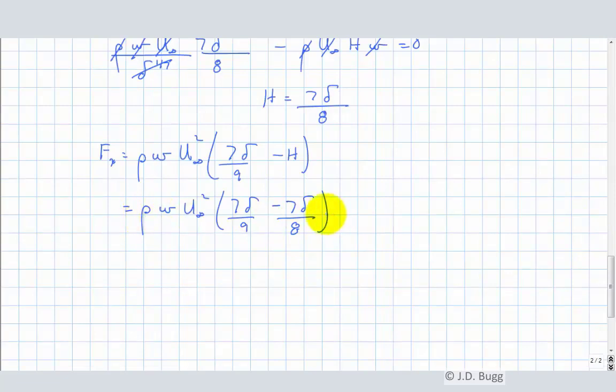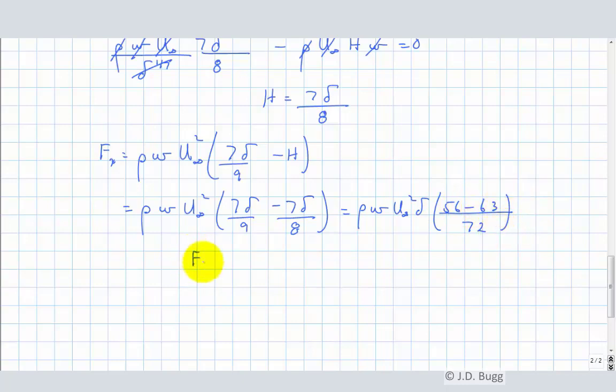Now we have everything in this expression, and we can simplify it a little bit more by combining these terms together. That's going to be equal to rho w u infinity squared. Factor delta out of this, and then take a common denominator, which will be 72. So this will be 56 minus 63.